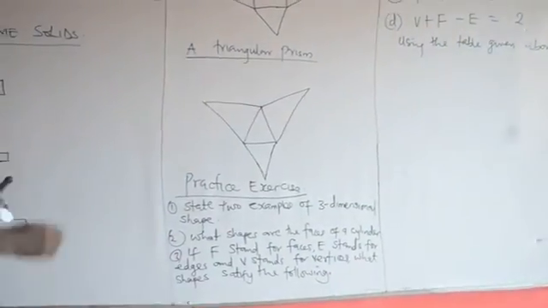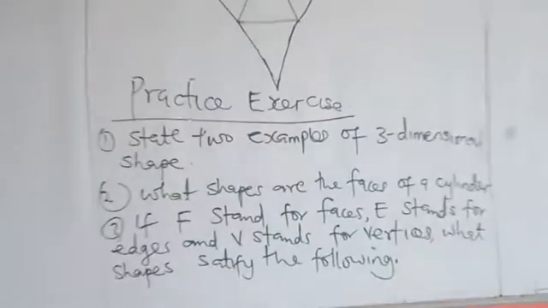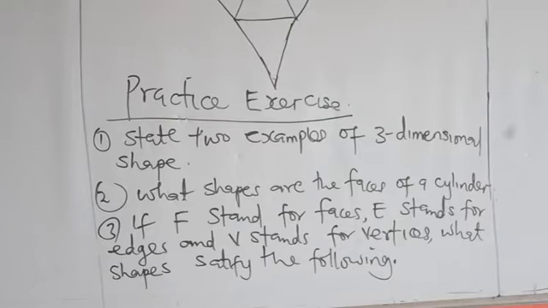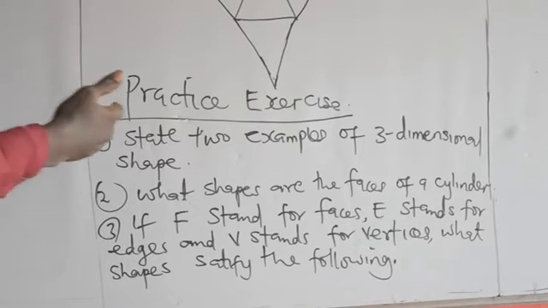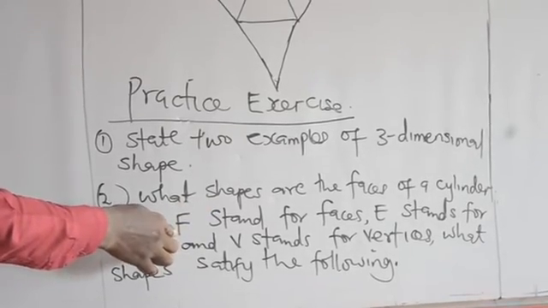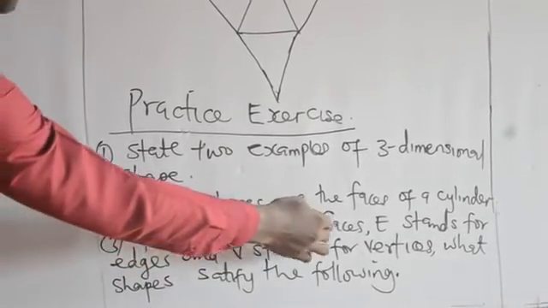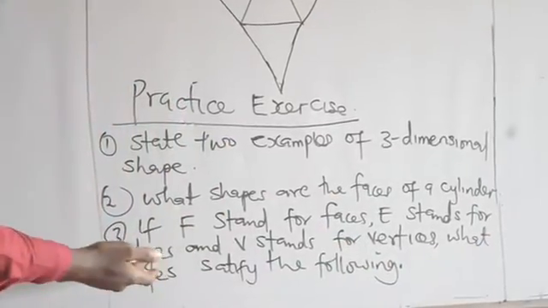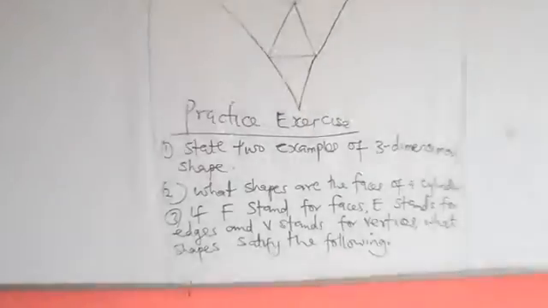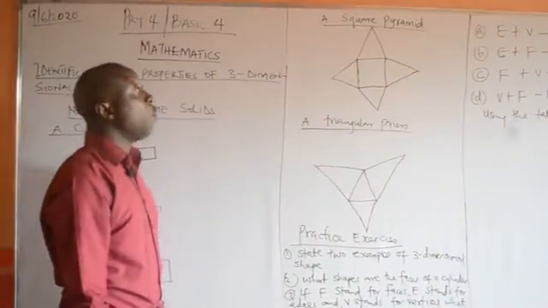Then practical exercise. You are expected to state 2 examples of 3-dimensional shapes. What shapes are the faces of a cylinder? Then question 3. If F stands for faces, E stands for edges, and V stands for vertices, what shape satisfies the following?